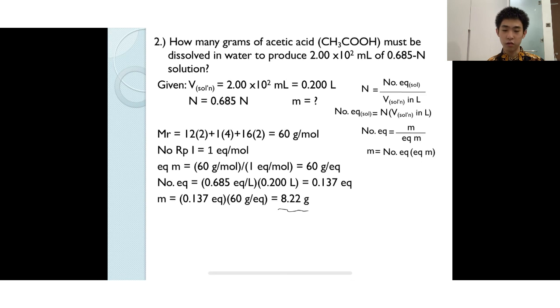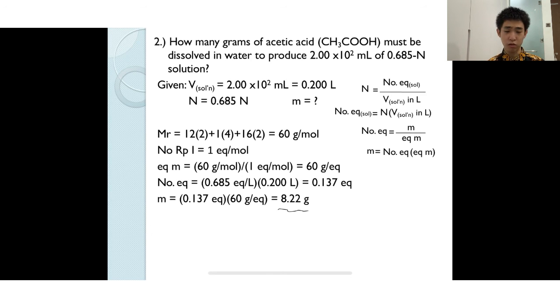Let's start from the relative mass. It is 60 grams per mole. The number of replaceable ions is 1 equivalent per mole, so the equivalent mass is relative mass divided by the number of replaceable ions, so it equals 60 grams per equivalent. Because normality equals number of equivalents over volume, number of equivalents is equal to normality times the volume.